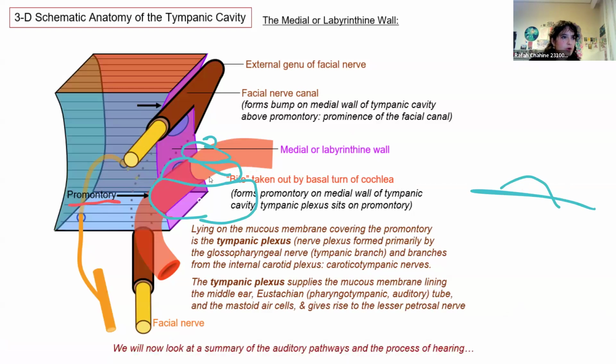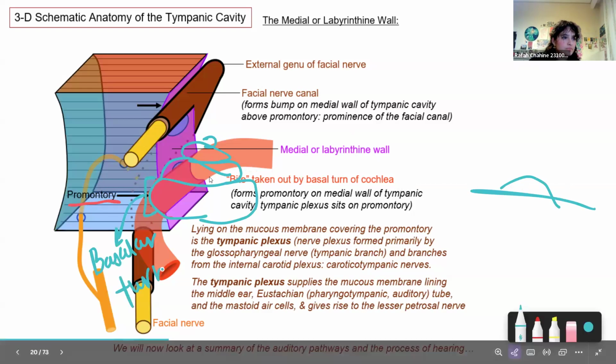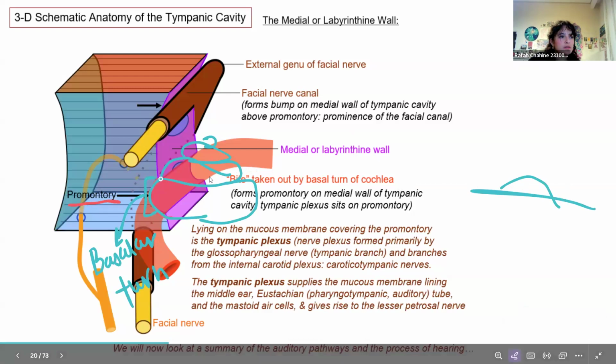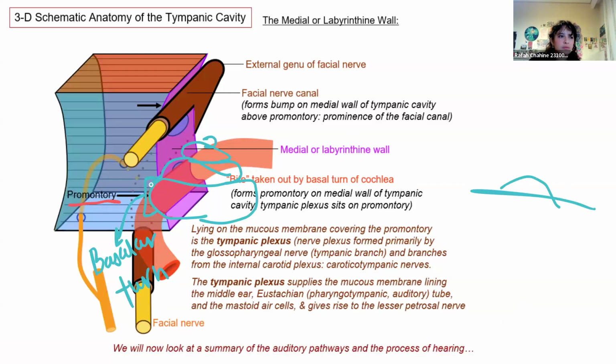So this specific part of the cochlea is called the basilar turn, okay? This basilar turn of the cochlea will basically form an impression on the medial or the labyrinthine wall, forming this promontory. But the reason that this is relevant to us is because the promontory allows us to visualize or understand the nerve supply of the middle ear cavity.